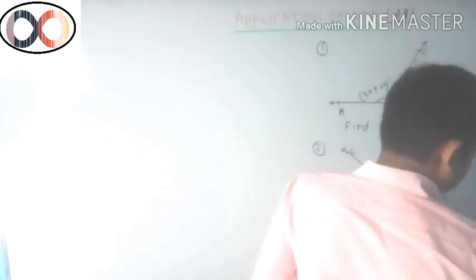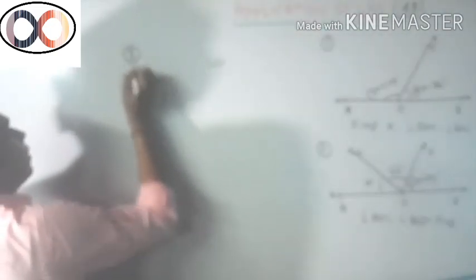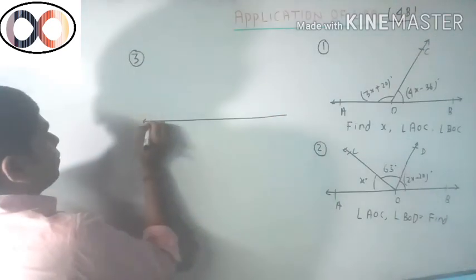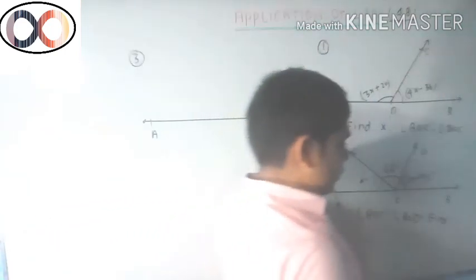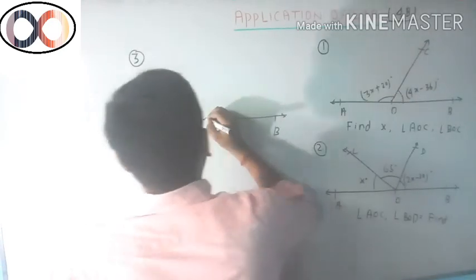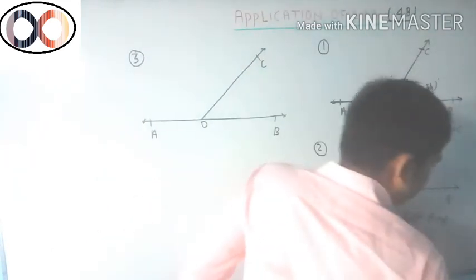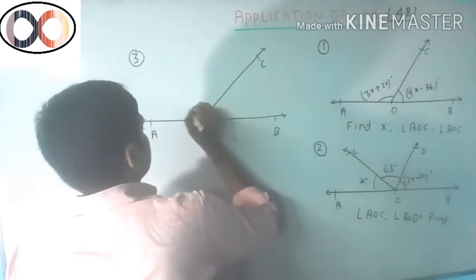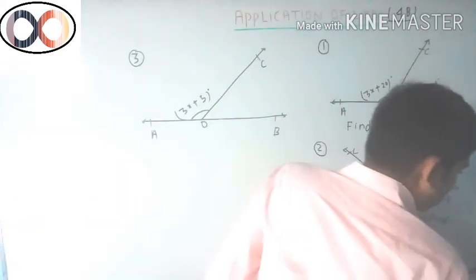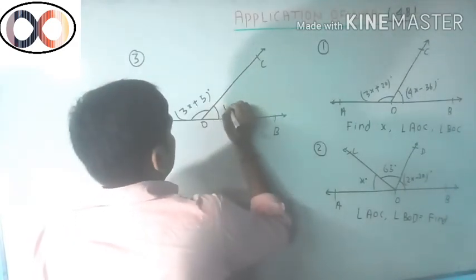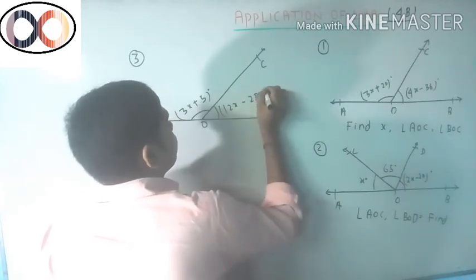Next is question number 3. This is A, this is B, and here is one ray from O, and here is C. The angles are 3x plus 5 degrees and 12x minus 25 degrees.